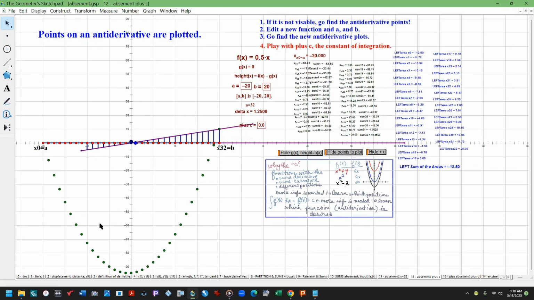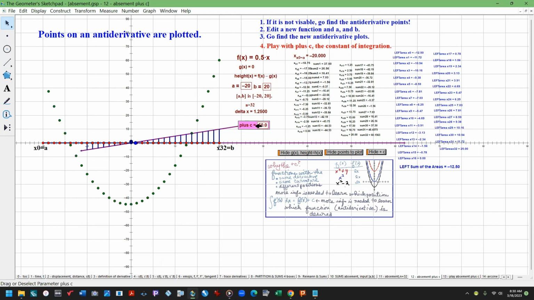Okay, it's clear that it's a parabola, but it's really supposed to be at 0, 0. So that's where the plus C comes in. Let's add 50. That should pull it up a bit. Not enough, but does pull it up a bit.